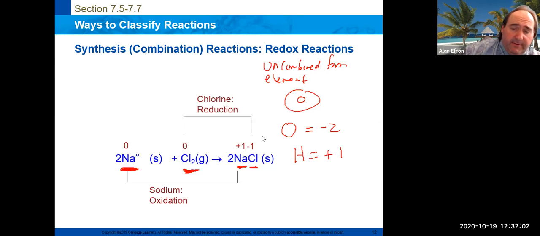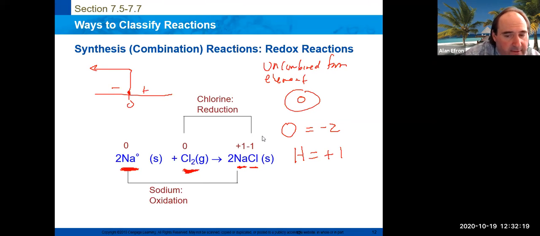So for example, here, again, as we talked about earlier, if we look at our chlorine, it is starting at 0 and again ending at -1, so going through reduction in that particular case, and that means that the sodium would go through oxidation. Any questions on that there? Okay.